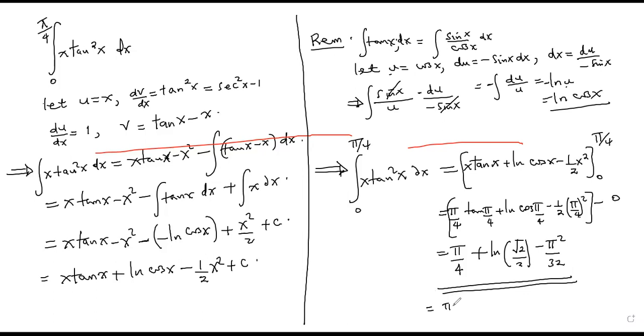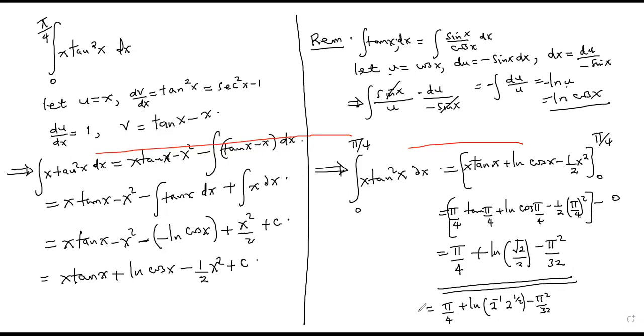Let's continue. You can say pi over 4 plus ln. When this 2 moves up, it will be 2 power negative 1, and root 2, you know that it is 2 power a half. We subtract pi squared over 32.